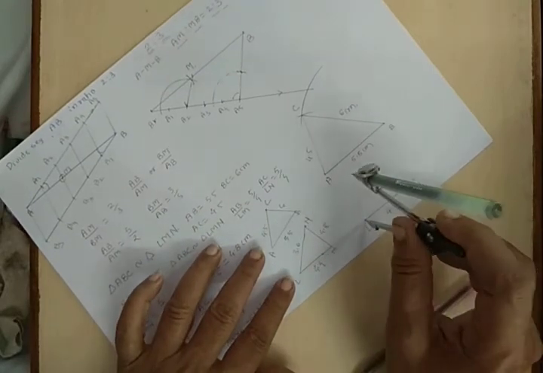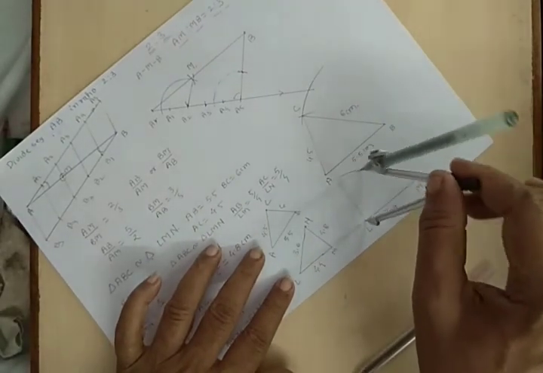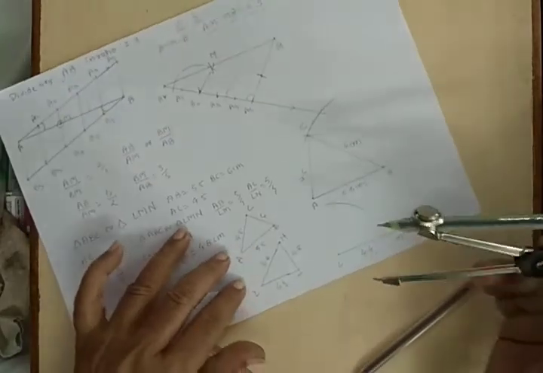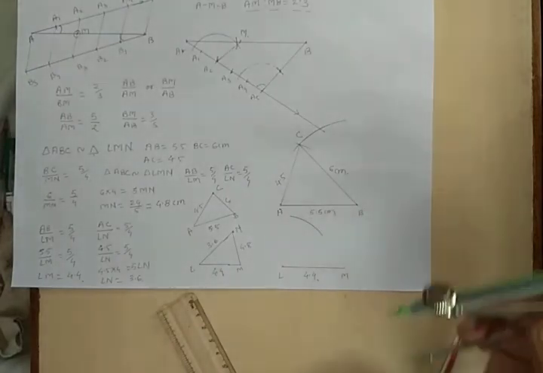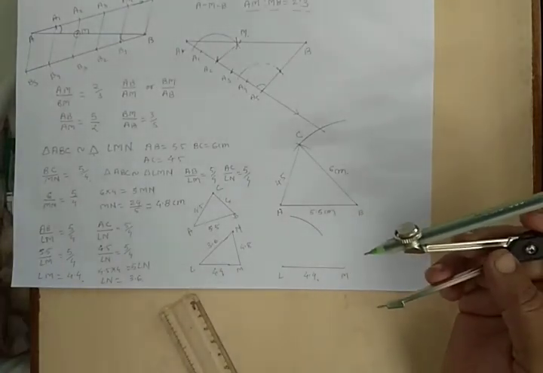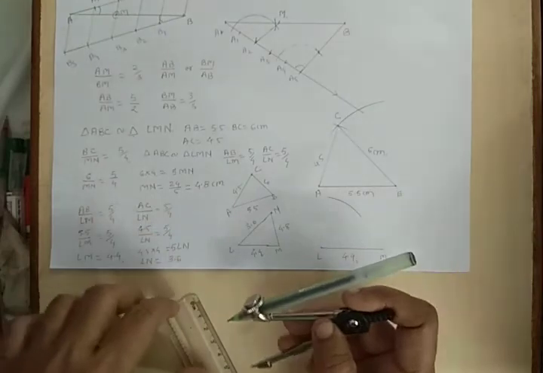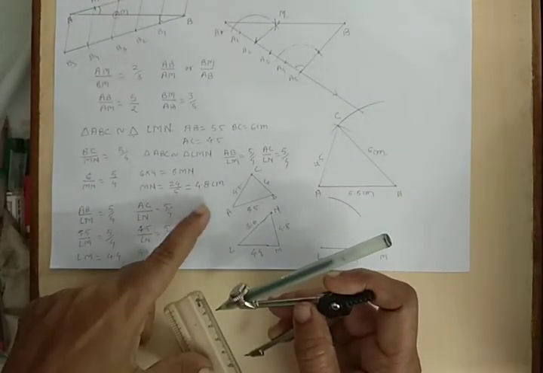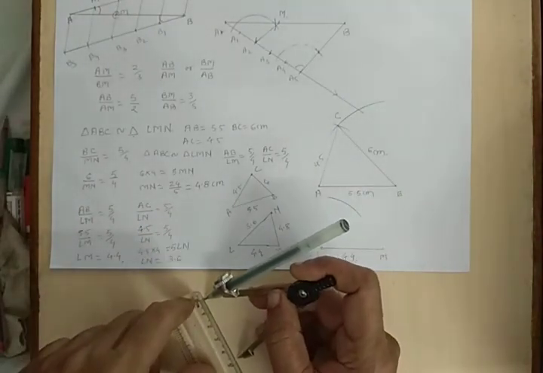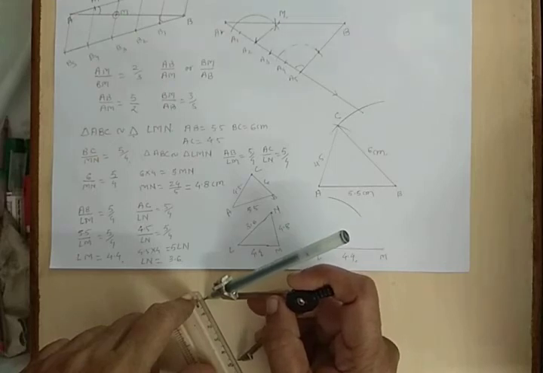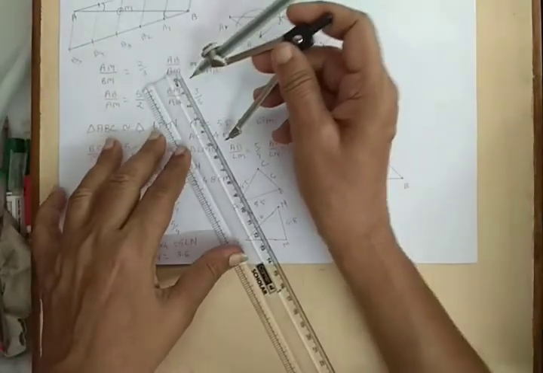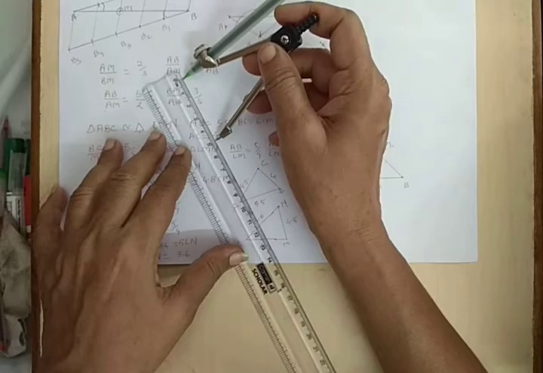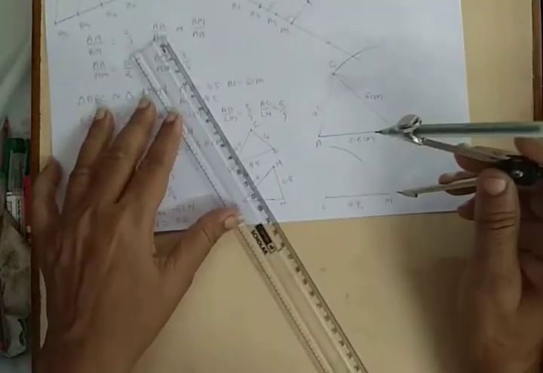We can draw, if this is SSS test of triangles, therefore we can choose any one side first and second side last. It doesn't matter whether we draw LN first or MN first. Now MN is equal to 4.8 centimeter. Can you see the 4.8? Now put the pointer here.